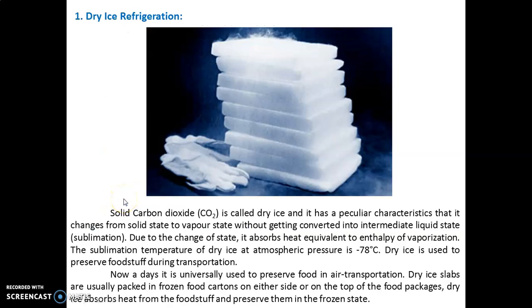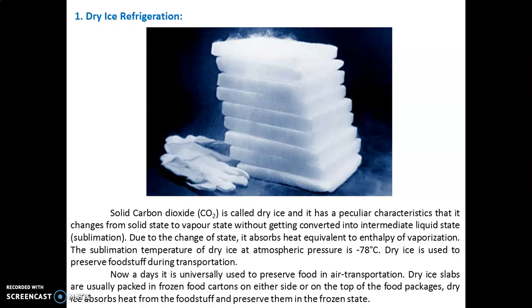Let us start with the first, the dry ice refrigeration system. Solid carbon dioxide, that is CO2, acts as dry ice. It has a peculiar characteristic that it changes from the solid state to vapor state without getting converted into an intermediate liquid state, that is, sublimation.